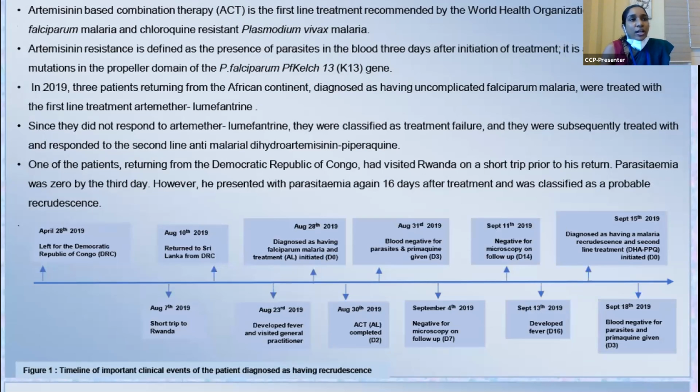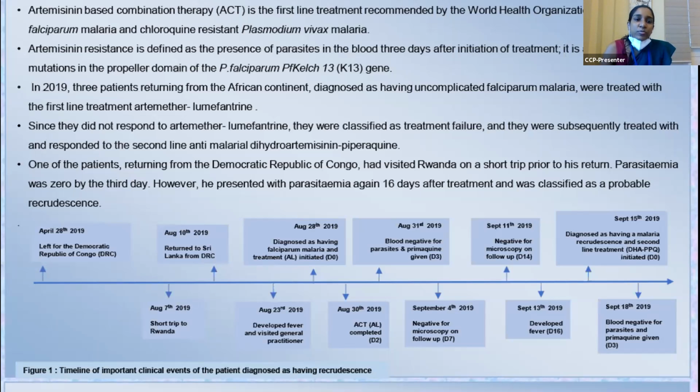He was treated with artemether-lumefantrine per the national guidelines, and he cleared the parasites within 3 days. However, he developed fever again approximately 2 weeks later and was found to have Plasmodium falciparum parasites in the blood smear and was classified as a recrudescence.